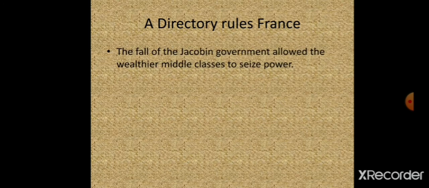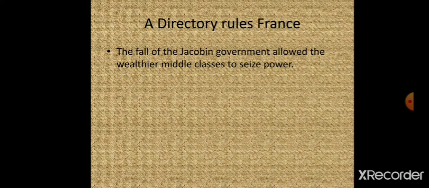Now, what happened after it? A Directory ruled France. France's representatives decided that they would make a directory, a group of 5 people, that would rule France. The fall of the Jacobin government allowed the wealthier middle class to seize power. Maximilian Robespierre was a leader from the Jacobin group, and he made a Jacobin government.